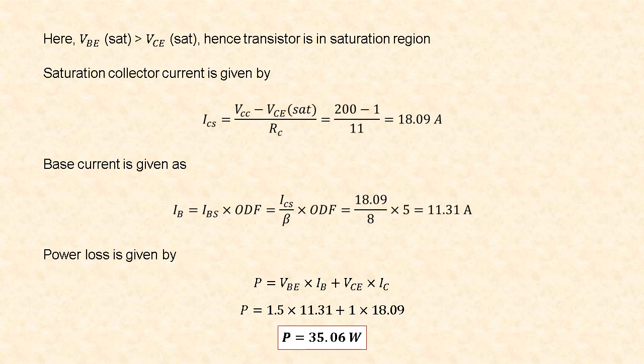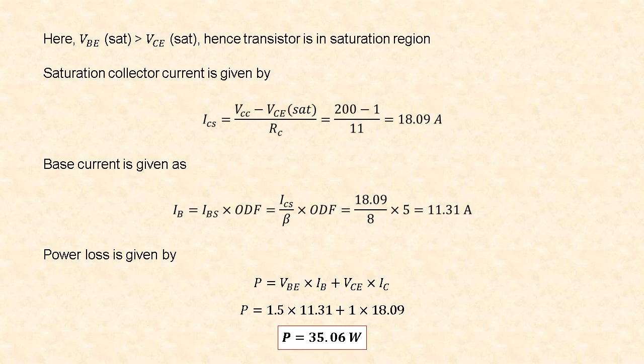The base current is given by the formula IB is equal to IBS, that is base current saturation, into overdrive factor. IBS is nothing but ICS divided by beta into ODF. Substituting ICS is equal to 18.09 and beta is equal to 8 and overdrive factor is equal to 5, we have IB is equal to 11.31 amps.